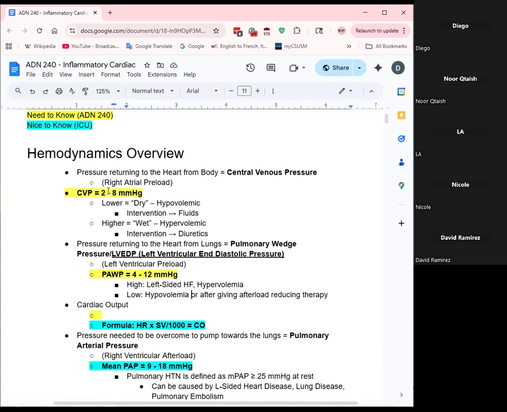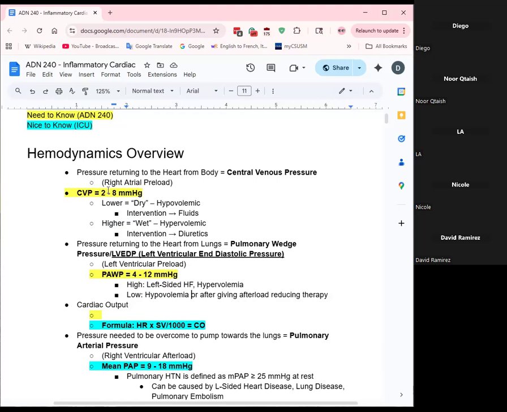Alternatively, another thing that could be the cause is it's possible that you might have a lot of pressure buildup in the lungs. You might have heard of pulmonary hypertension.